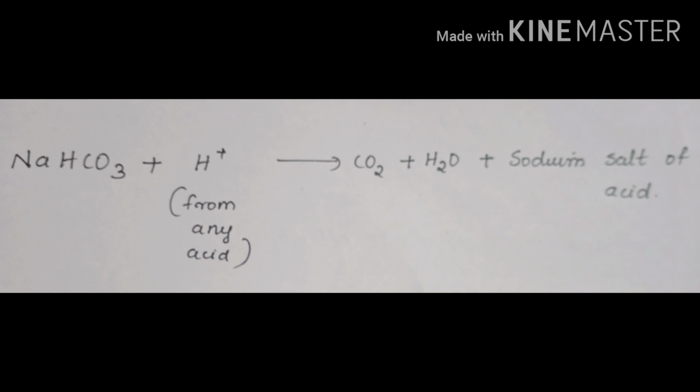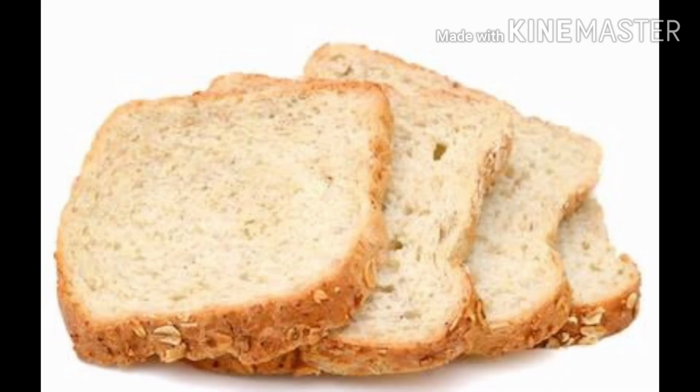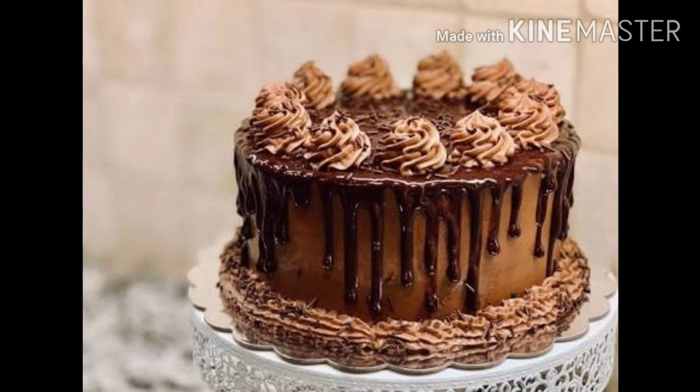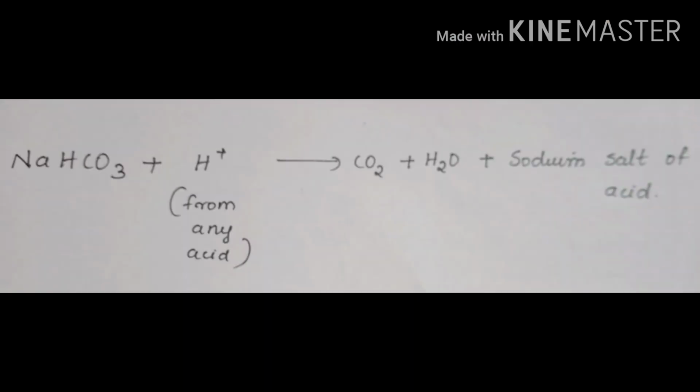Carbon dioxide gas produced during the reaction causes the bread or cake to rise, making them soft and spongy. In this reaction, the H plus ion is produced from tartaric acid and on the product side, the sodium salt of tartaric acid is produced, known as sodium tartrate.